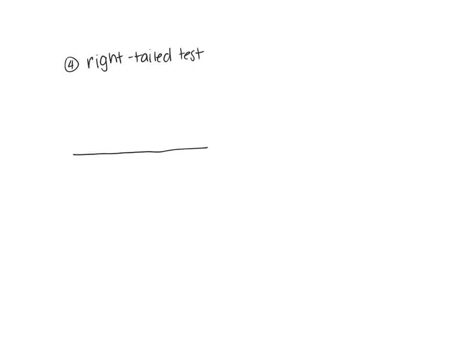We're going to draw our curve. And here's our right tail, and I'm going to shade this right tail in. This is my rejection region. I know that the area of my rejection region is equal to alpha, which is 0.01.